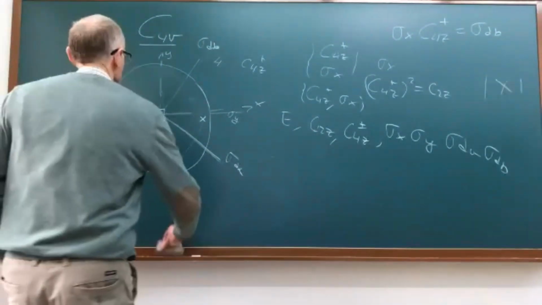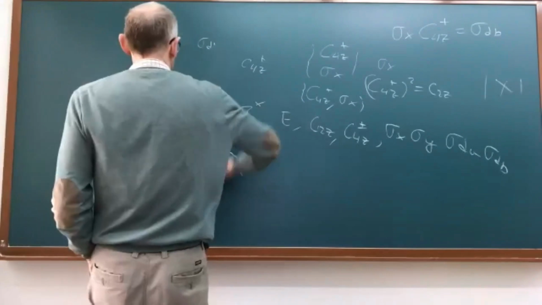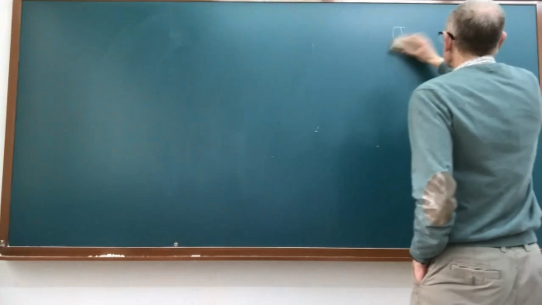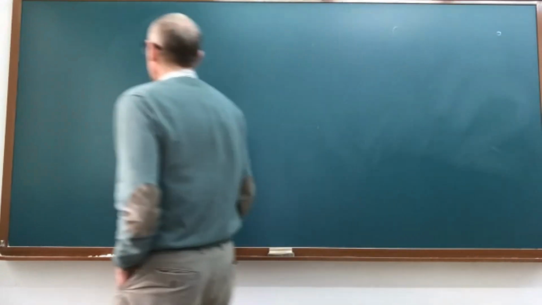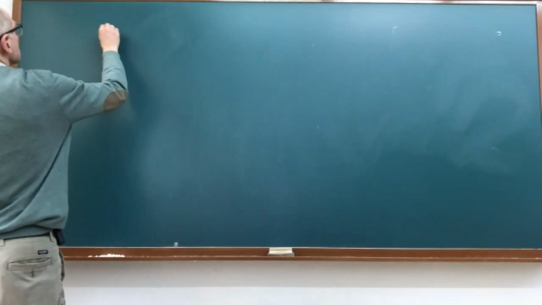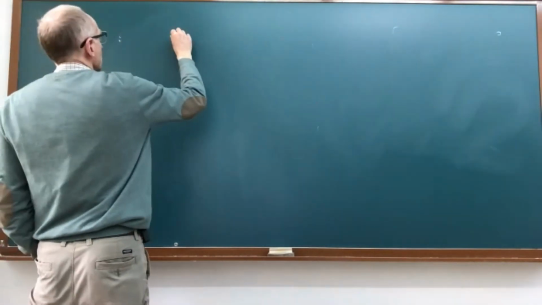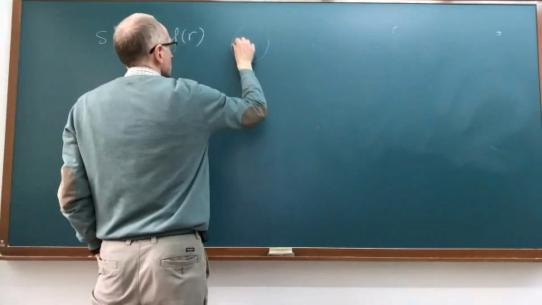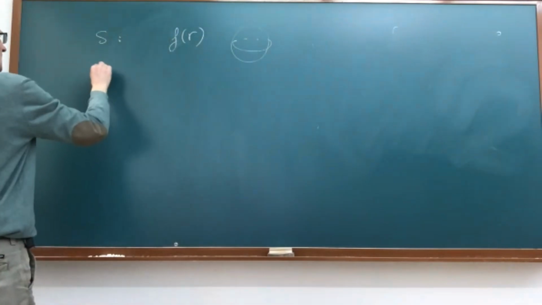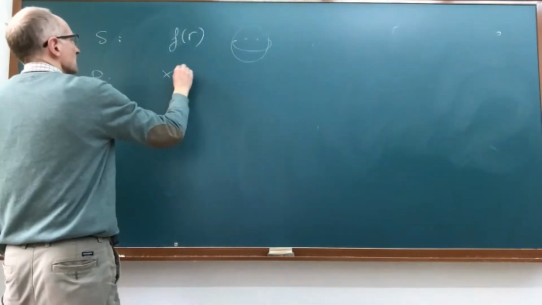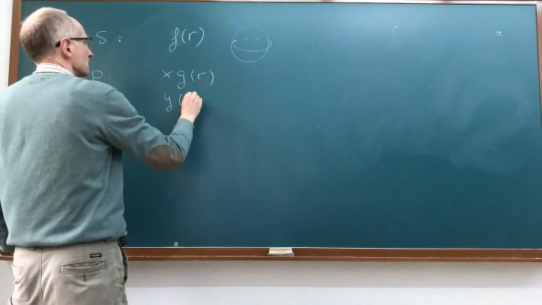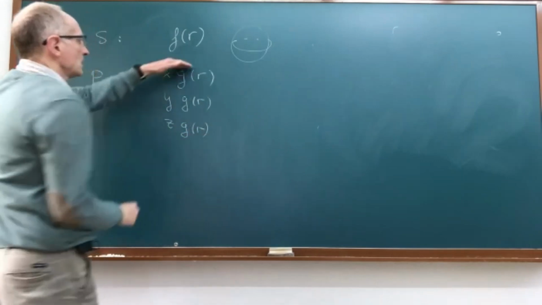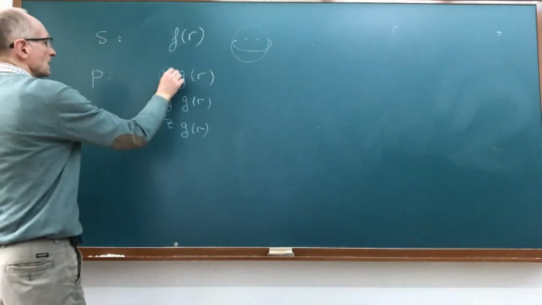So remember what an s orbital and p orbitals are. An s orbital is just any function of R, so it's a spherically symmetric function. Now, p orbitals are of this form: these are purely radial functions, and this is just x, y, z.